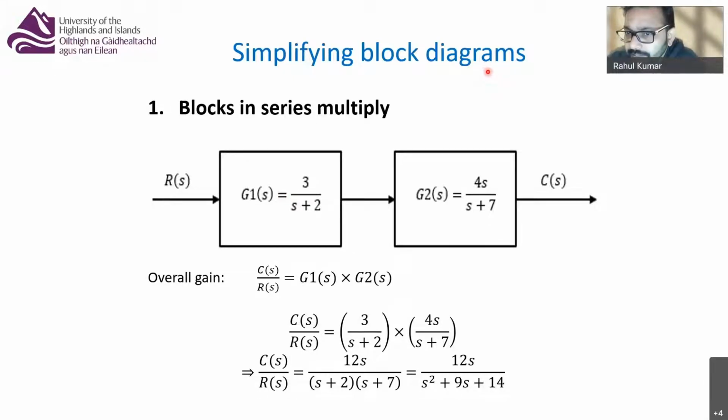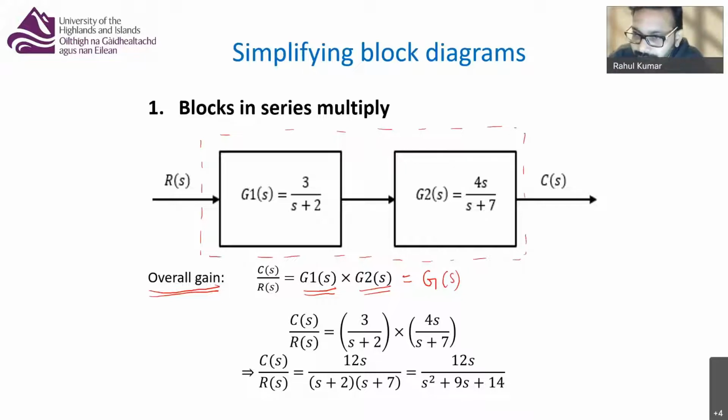So if you have this kind of situation where you have two blocks connected in series, G1 block and G2 block, then we can find the overall gain by simply multiplying the two gains of these blocks, that is G1 of S multiplied by G2 of S. Let's say the overall gain is G of S. So I can replace the two blocks by their overall or equivalent gain.